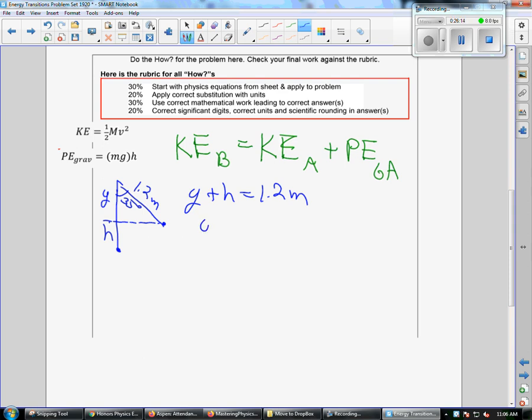And Y equals 1.2 meters over cosine of 35 degrees, because I have a right triangle in here, and I can use good old my friend SOHCAHTOA and a little bit of logic there to get that factor.